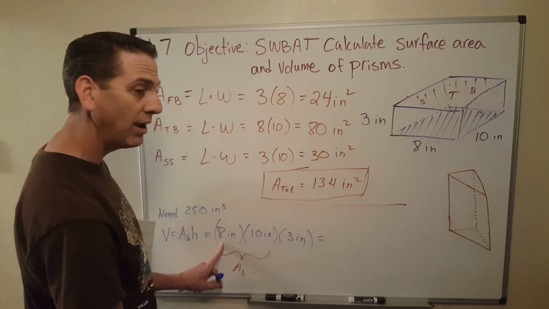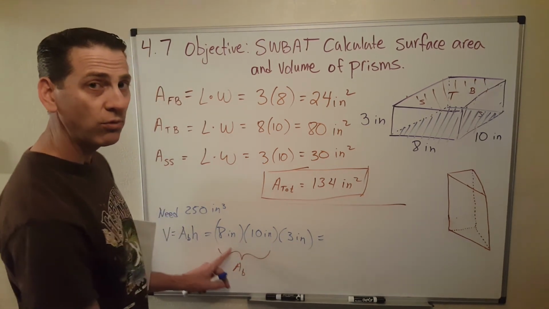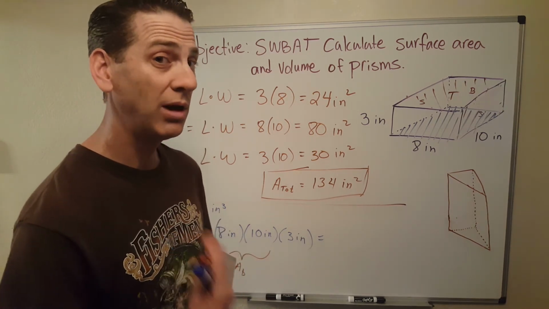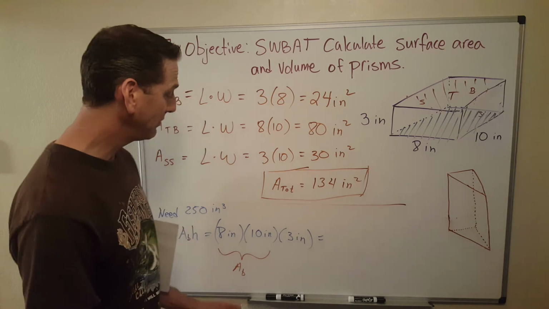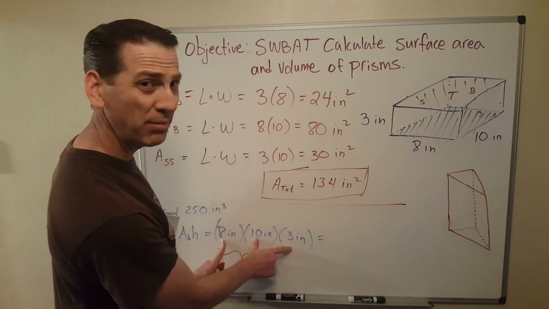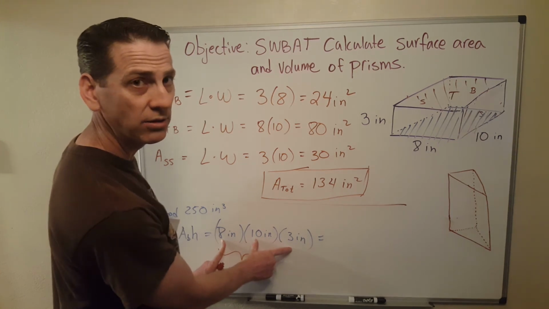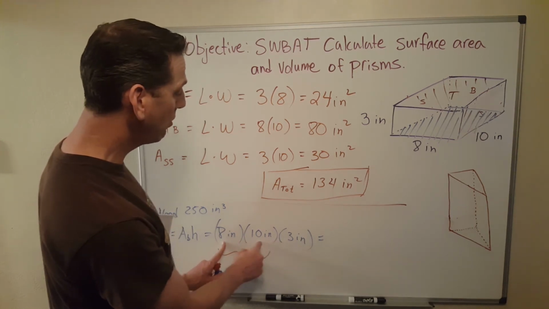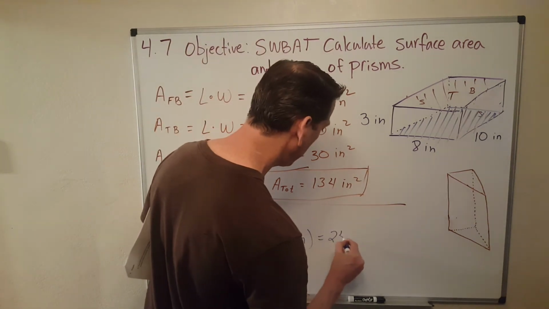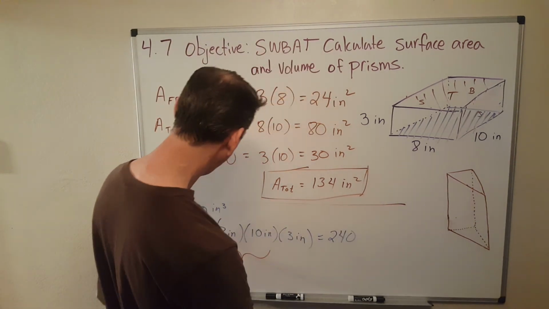And 30 times 8 is 240. Here's the deal. Choose the easiest way. In my humble opinion, I think it's easiest to go 8 times 3 is 24, because I can multiply by 10 real easy, right? Just add a 0. 3 times 8 is 24, times 10 is 240. So that's going to be 240.